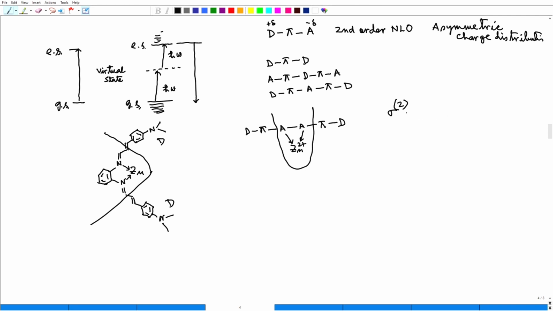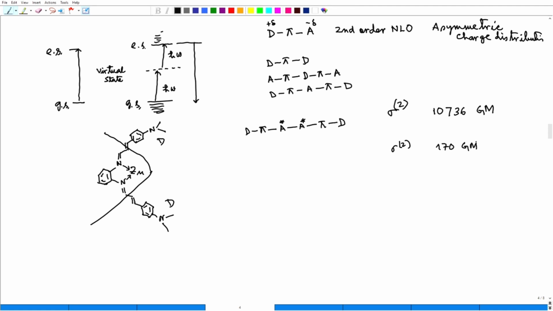So, sigma 2 is 10,736 GM for the zinc complex, and without anything, just the ligand, D-pi-A star, weakly accepting, their sigma 2 value was 170.